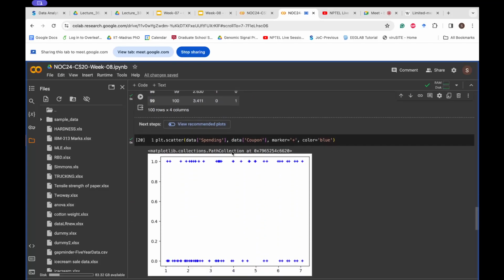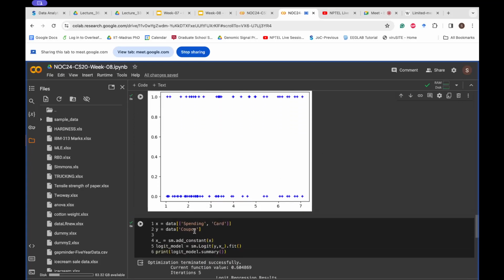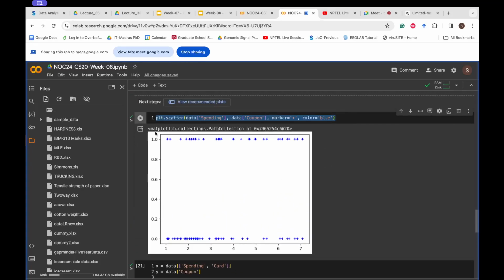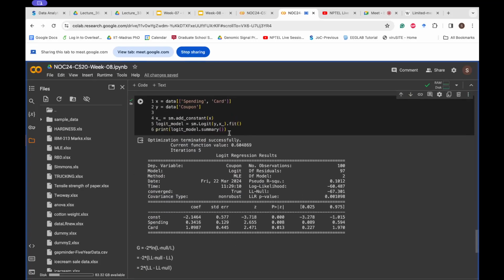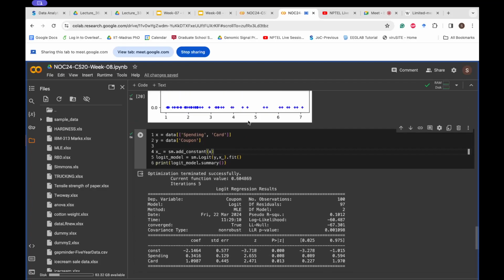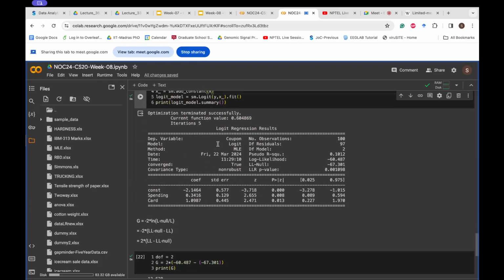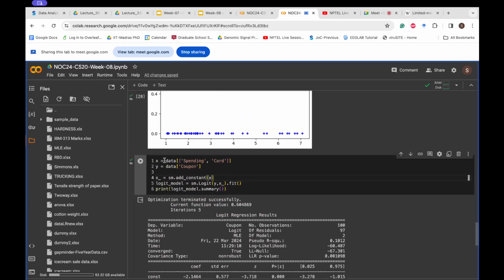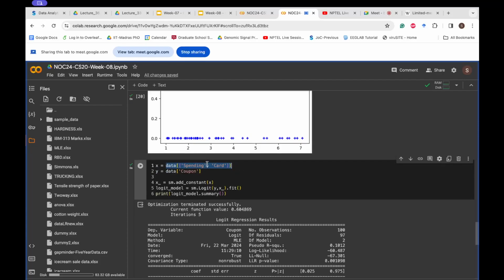Okay, so here is just a scatter plot of coupon being used and the spending. What we are doing over here, similar to linear regression or multiple regression, is having these data points, spendings and the card.